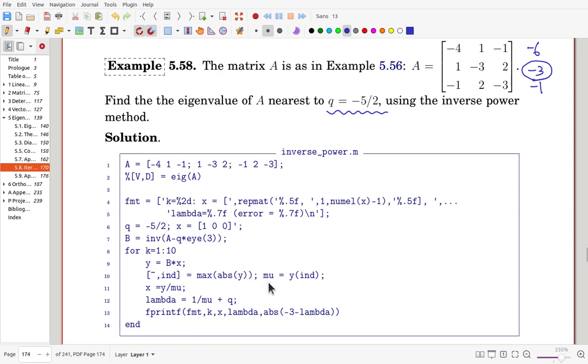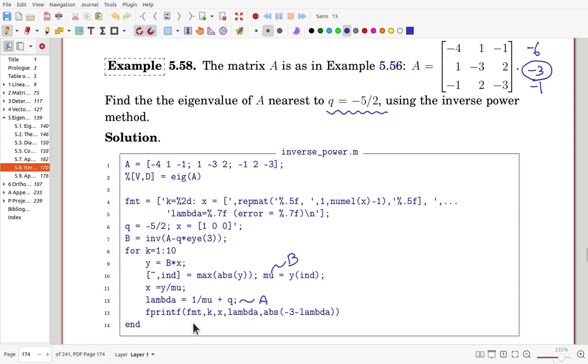So this mu k is an eigenvalue of B. That is related to B. Now after scaling, we try to get lambda. Now that is an eigenvalue of A. So it is approaching an eigenvalue of A.